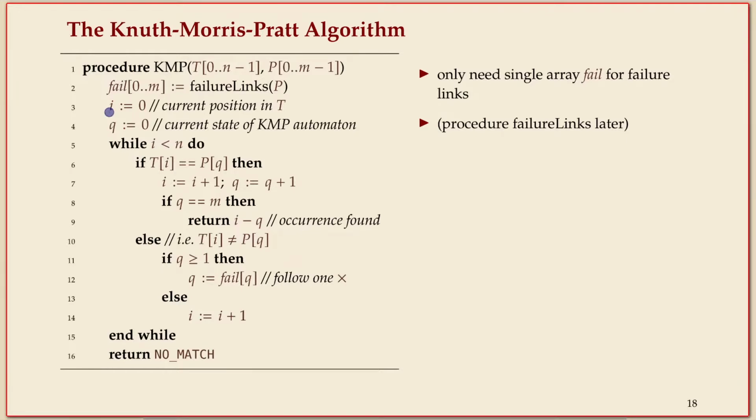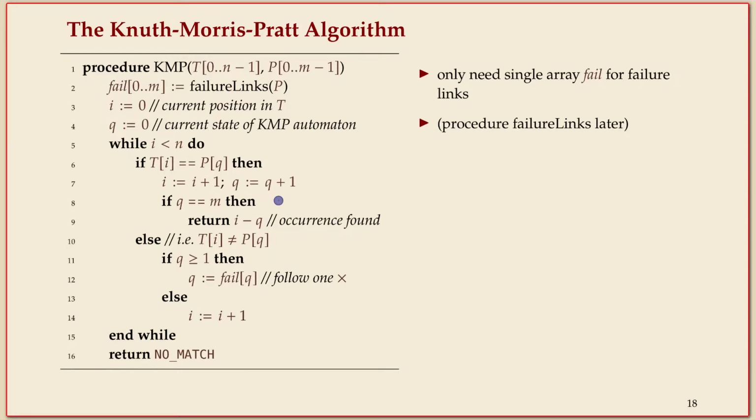Then we start with position 0 in the text. That's our first guess. And we start with state 0 in the automaton. That's our starting state. As long as we haven't read the entire text, we check if we can follow the match edge, which is the current position in the text matching the next in the pattern. If that's the case, we follow the match edge, which means we move I one step further, so we go to the next position in the text, and we also increment the state in the automaton.